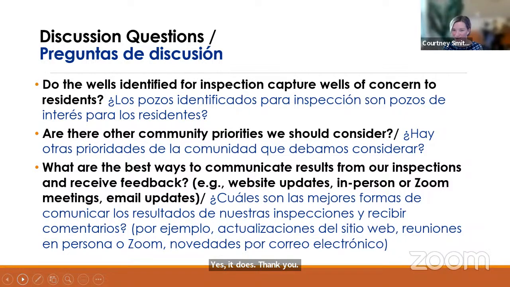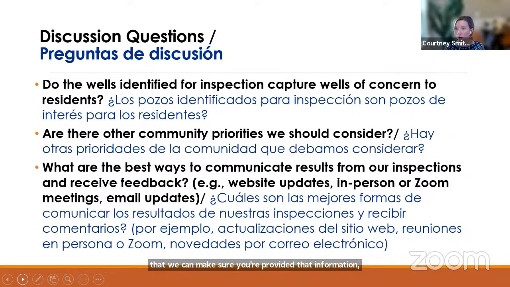Maybe as folks are thinking about that, I know Gustavo already had some ideas, or perhaps it was Mario, I apologize, Mario. I think you had the idea of a billboard. We would love to hear from you all on the best way of working together. Frankly, I want to be accountable to you guys. When we go out and do inspections and we find something or we don't find something, whatever the case is, we want to be clear on how we can best give you that information. And as we take action to address any issues that we find, we want to make sure you're provided that information and you're aware of what's happening.